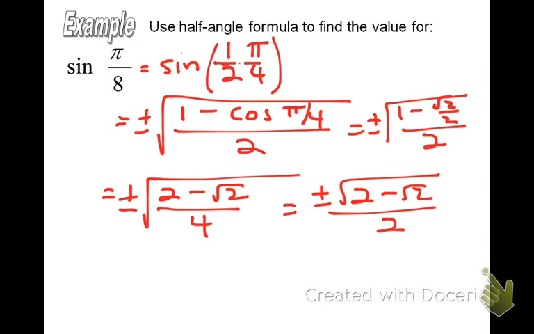We have to determine if it's plus or minus. It can only be 1. And if you look back at the original question, which is pi over 8, you'll notice that that's in quadrant 1, where sine should be positive. And so this answer is a positive root 2 minus root 2 all over 2.